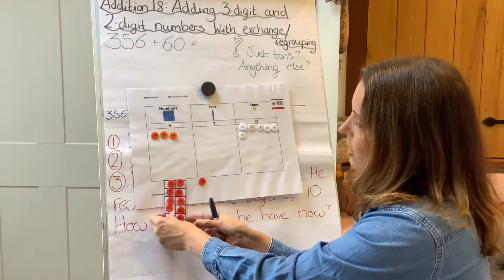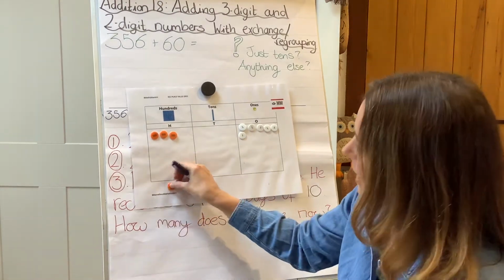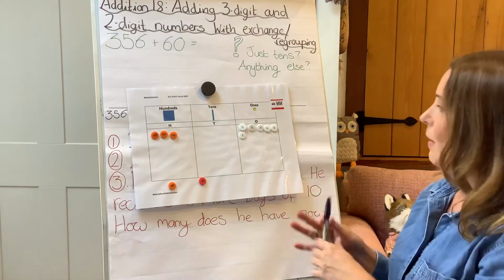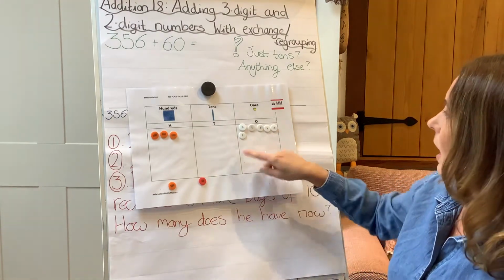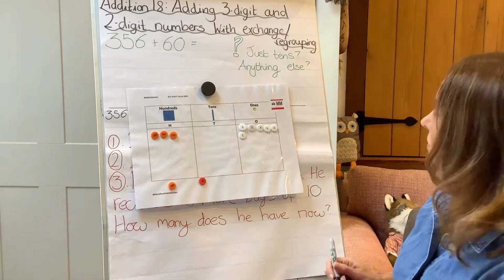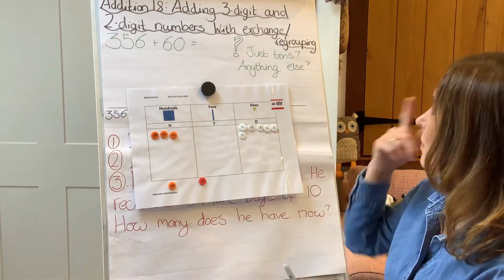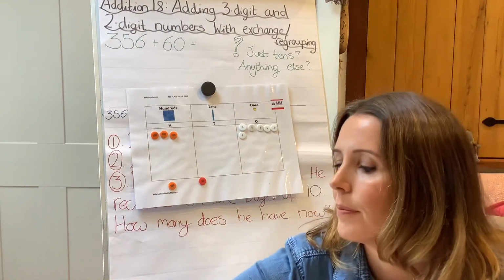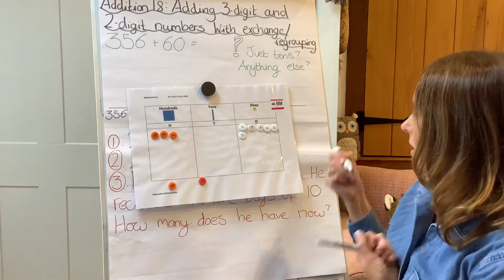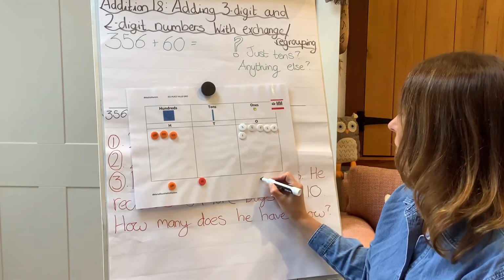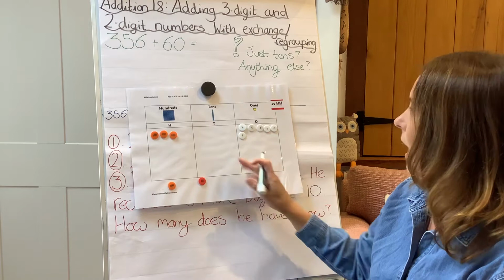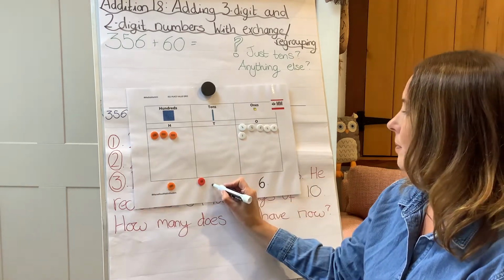So I'm going to exchange those 10 tens there to make 100. And now I can still do my calculation. I've got 6 here. So I've got 6 ones. So I can write this underneath. I've got 1 ten.